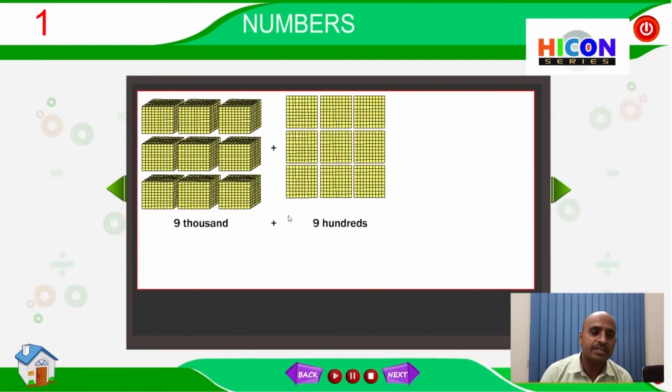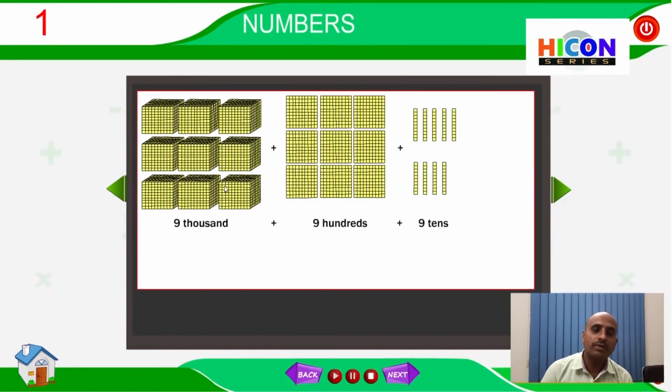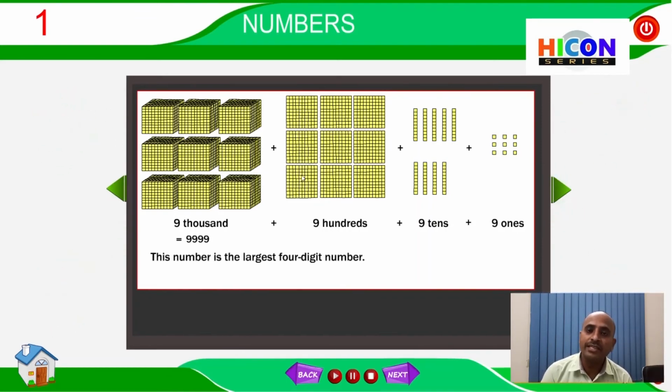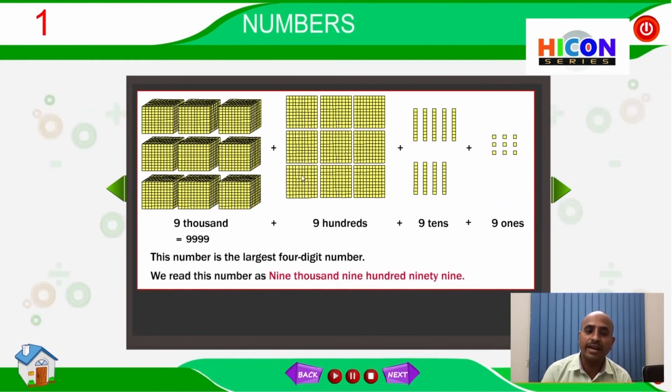Look at this picture. In the first picture 9 cubes are given and it becomes 9000, and 9 sheets are given, each sheet represents 100, so it becomes 900. In the third part they have given 9 strips, each strip represents 10, so the total becomes 9 tens.